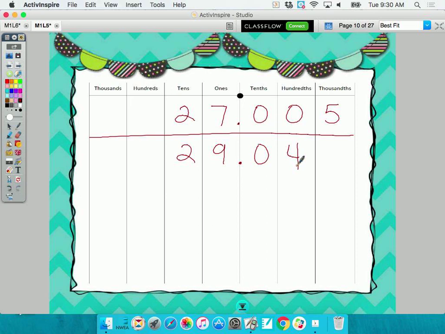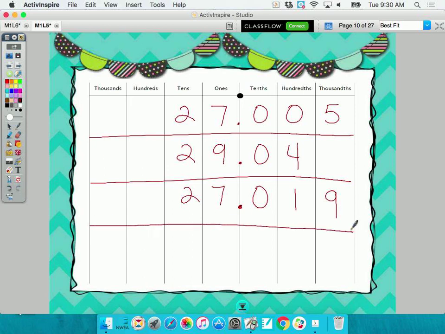Sorry. 27 and what? 19 what? Thousandths. Good. And the last one, 29 and 5/10. So those are all on your place value chart, okay?